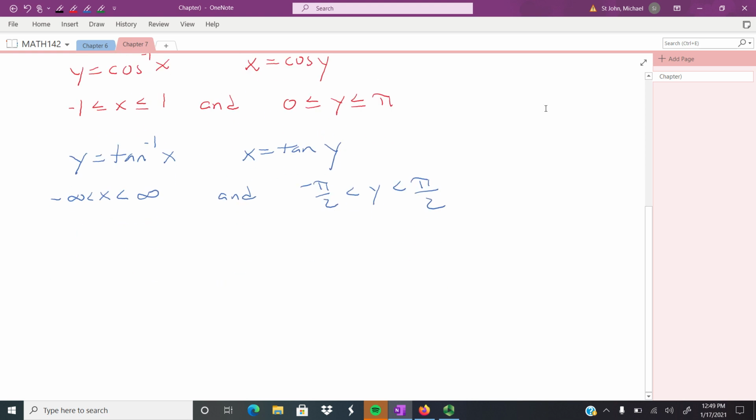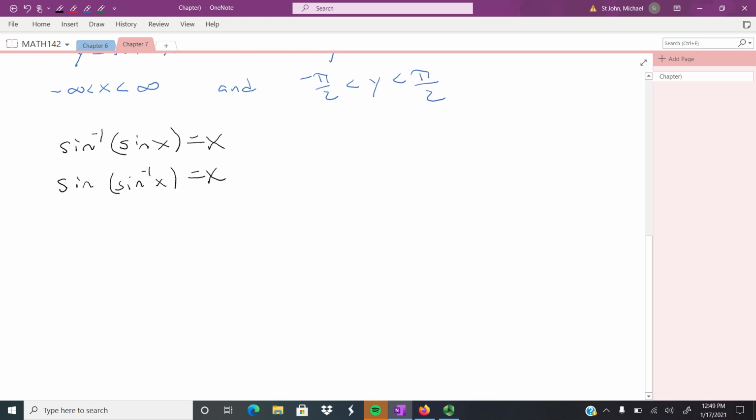So then a few other things here in regards to this. So first off, if we do the sine inverse of sine x, you just get x. And if I did the sine of the inverse sine, we also get x. So let's say here I want to solve for x.